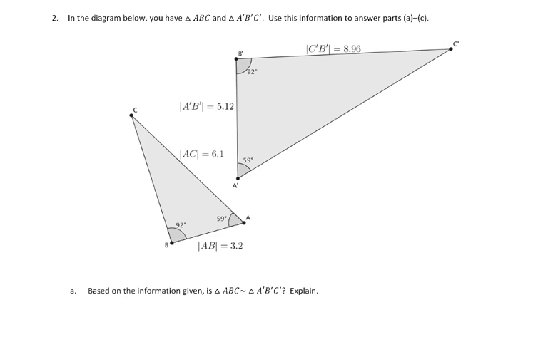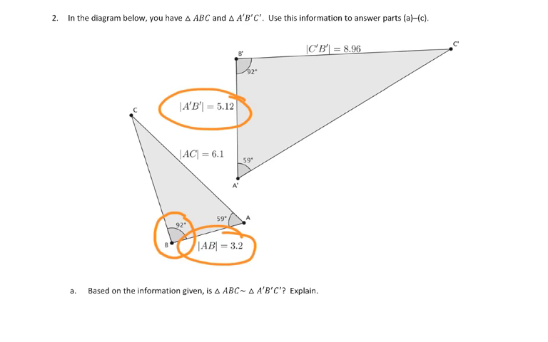Looking at number 2, it's asking us if triangle ABC and A prime, B prime, C prime are similar. And we do have A prime, B prime, and AB. That would be the same. And if we look at angle ABC right here, that's 92 degrees.